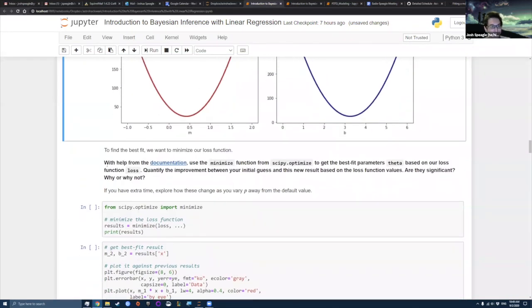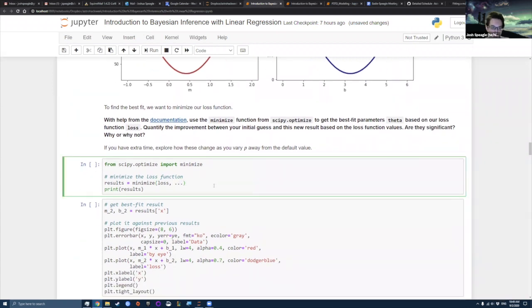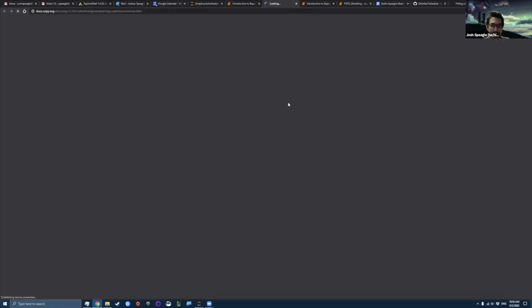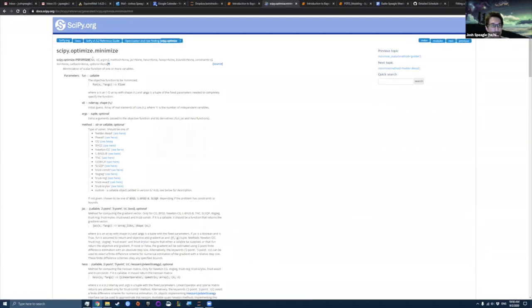So one way of defining a best fit is that we want a function with the smallest loss. In other words, when we're making a prediction, we want the residuals to be as small as possible. One way to do that in Python is using the minimize function from the scipy.optimize package. This is straightforward. If we look at the documentation here, this is for a bit of an old version, but the documentation is pretty similar.